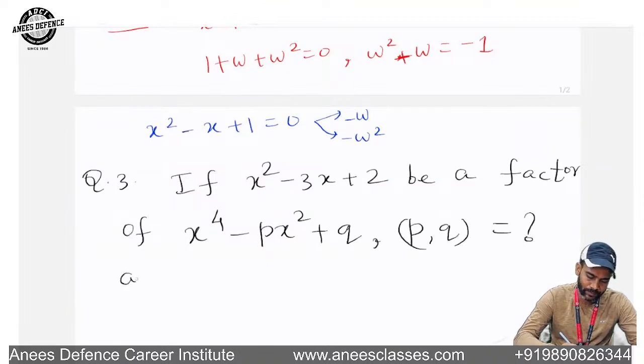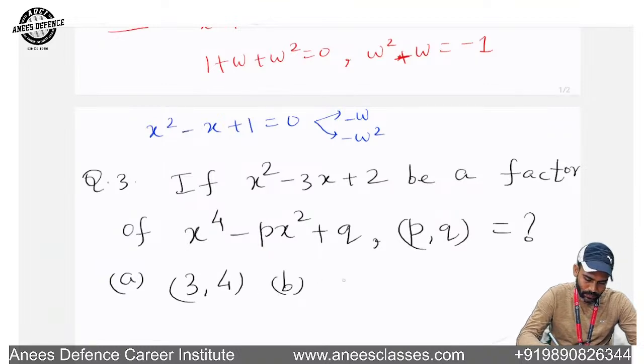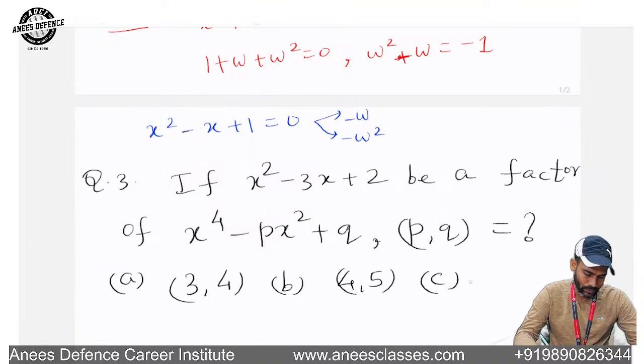And options are A, 3 comma 4; B, 4 comma 5; C, 4 comma 3; and D, 5 comma 4.